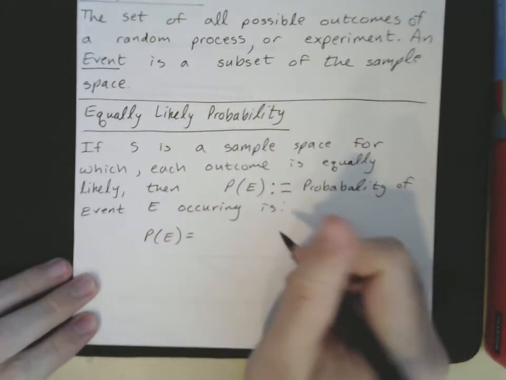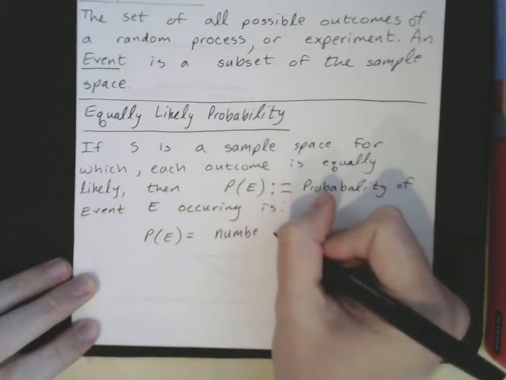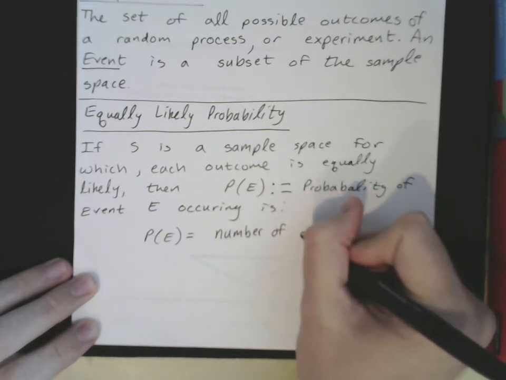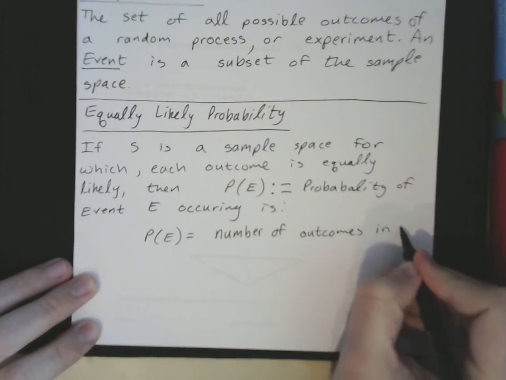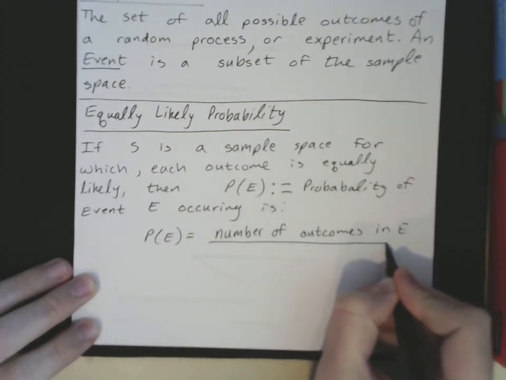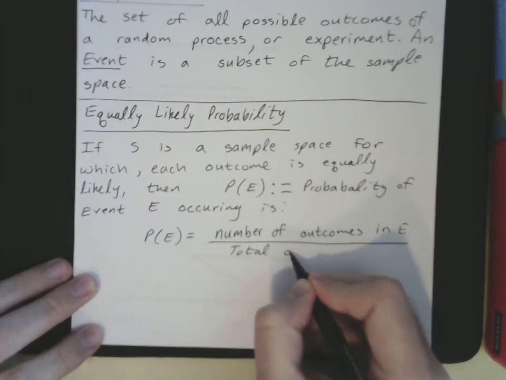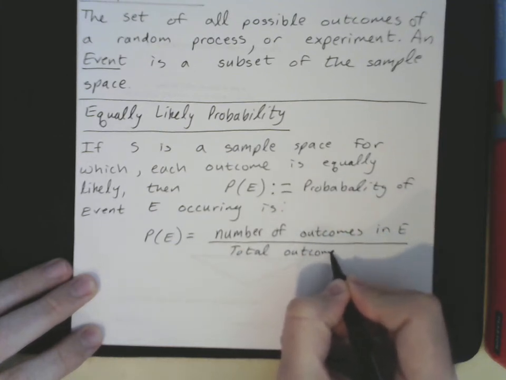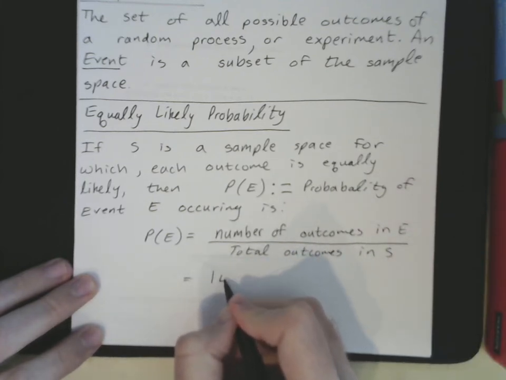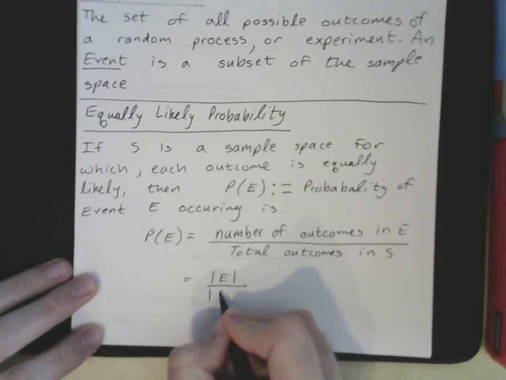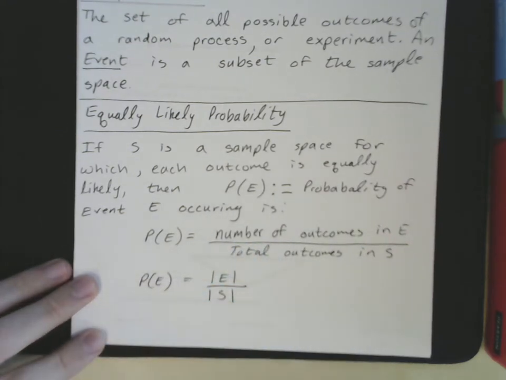So the probability of event E occurring is defined as the number of outcomes in E divided by the total outcomes in S. Or you can think of it as the size of E divided by the size of S in set notation.